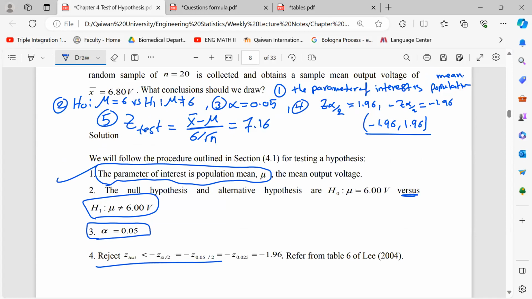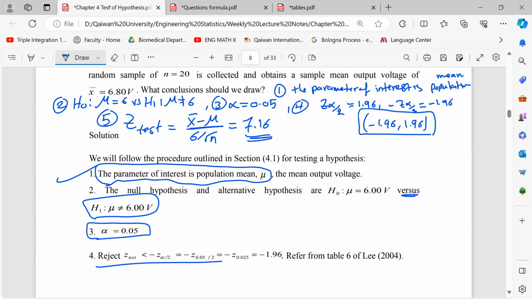Now we compare this with the previous step. We said it's given in the table that if this value exceeds this interval, we reject H0. But if it is in this interval, we are unable to reject H0.